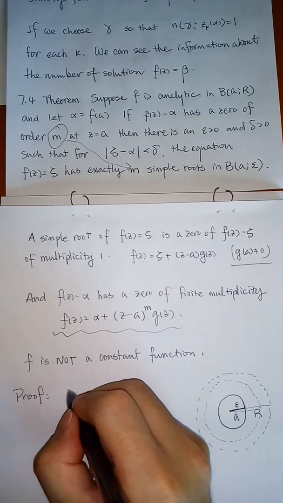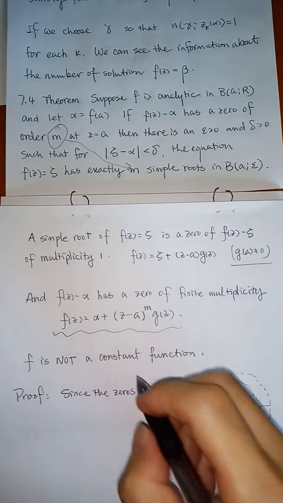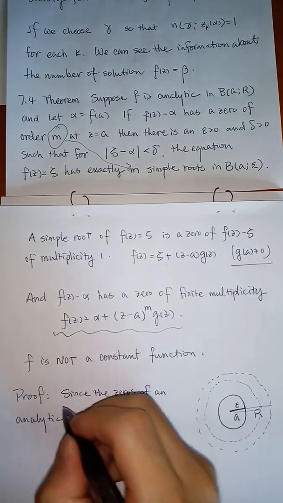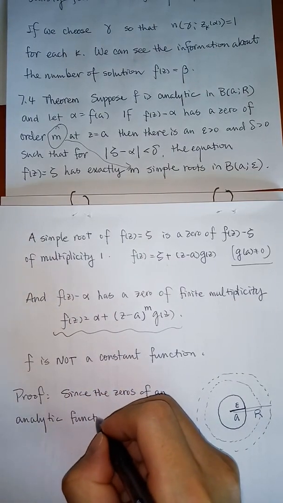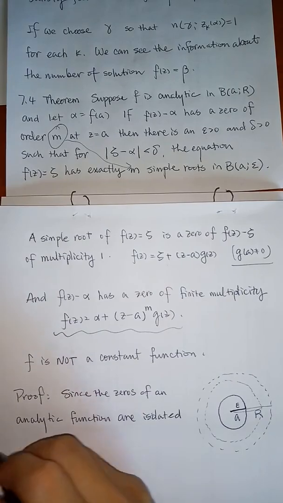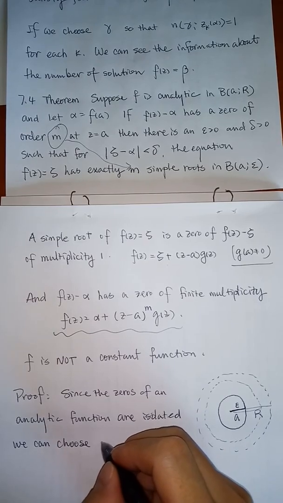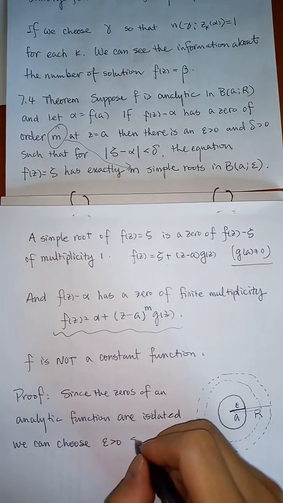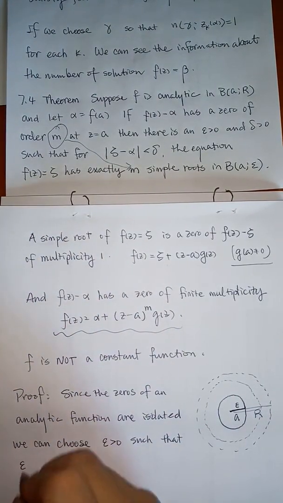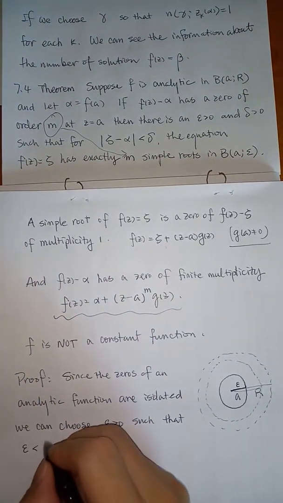Since the zeros of an analytic function are isolated, we can choose alpha positive and epsilon positive such that epsilon is less than 1/2 of r.